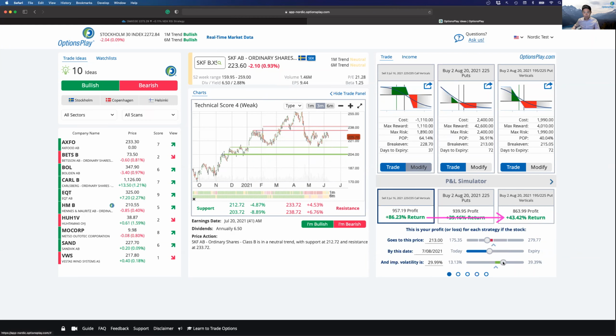So let's just say you get a huge increase in implied volatility, which in theory should be bad for the credit spread and good for the debit spread. So let's just see. When volatility doesn't change, it's 91 to 41, right? That's when volatility doesn't change. But let's say the implied volatility conditions get worse for the credit spread.